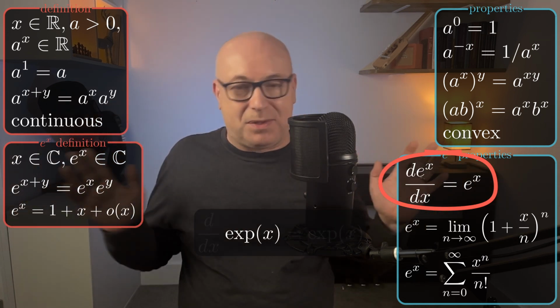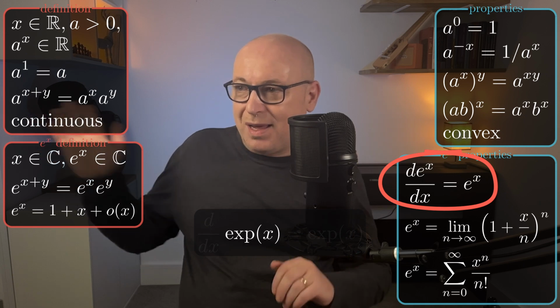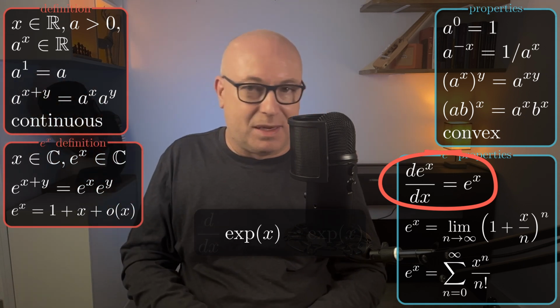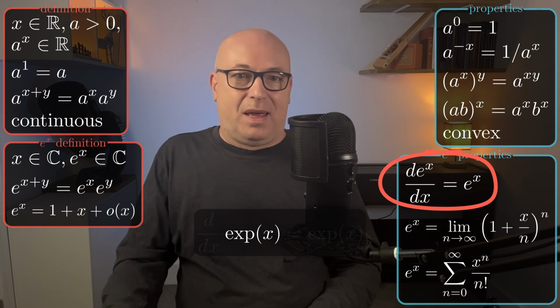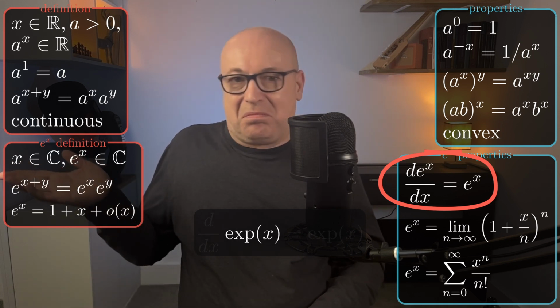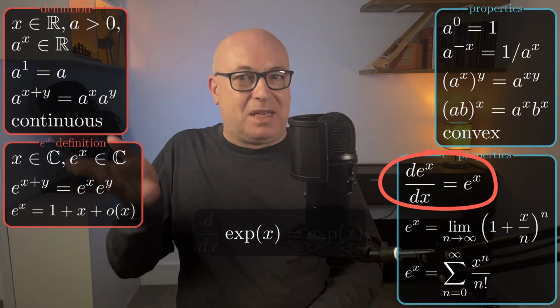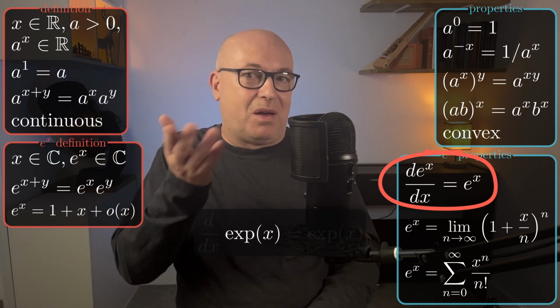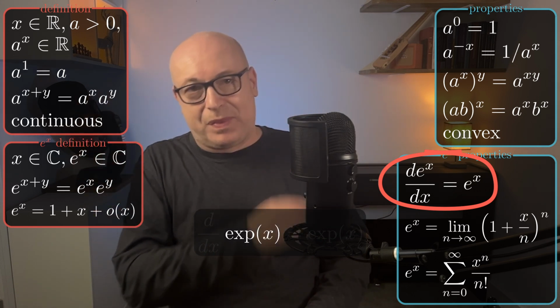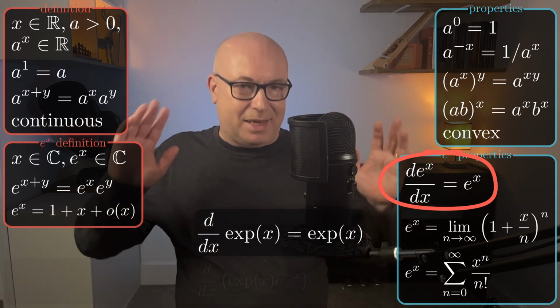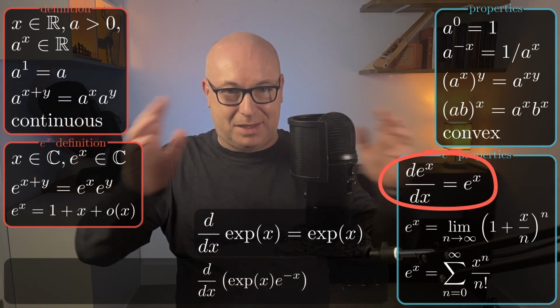So X of x plus y equals X of x times X of y, and it has derivative 1 at 0. And then, as it has derivative 1 at 0, then using this defining property, its derivative at x is just X of x. So let's look at X of x multiplied by e to the minus x and differentiate it.